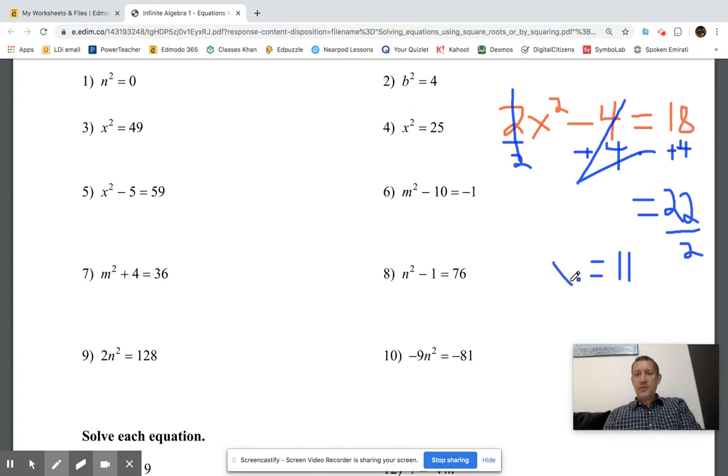So 11 equals x squared. Is that a perfect square? Is 11 a perfect square? No. So we're going to take plus and minus the square root of 11. 11's prime, so there's no way to simplify it. So the answer is the square root of 11 and the negative square root of 11.